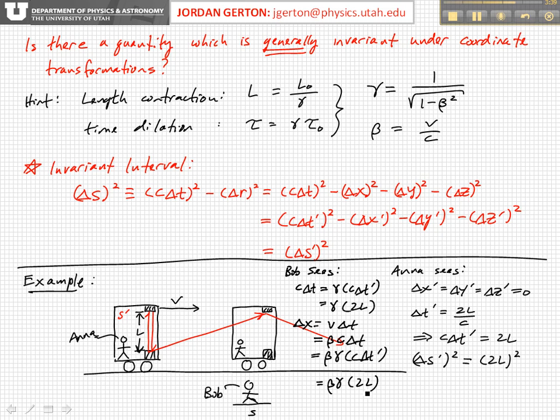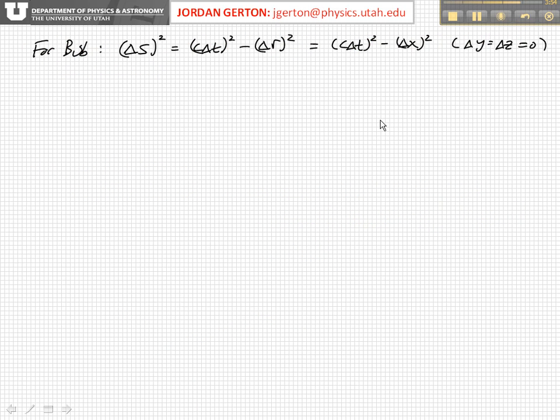so let's now work out on the next slide, since we've run out of room, what the interval is. We've already calculated the interval for what Anna sees. What's the interval for what Bob sees? Okay, so the interval for Bob is just c delta t squared minus delta r squared. Now, since delta y equals delta z equals 0, then delta r squared is just delta x squared.